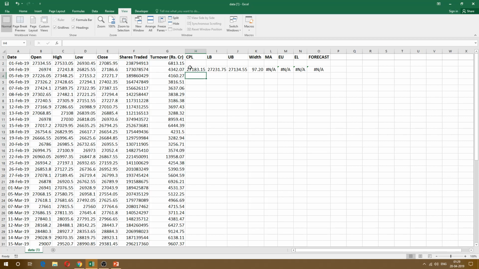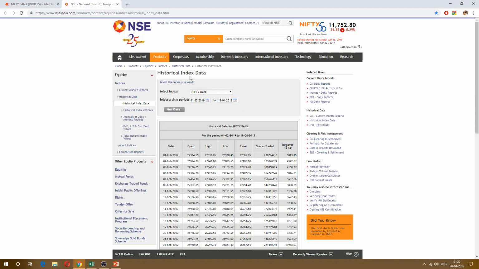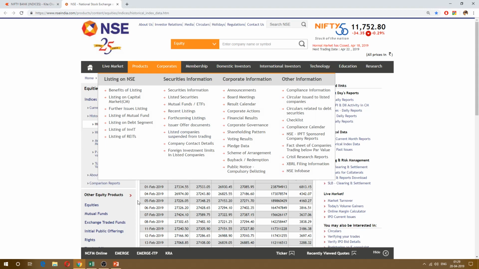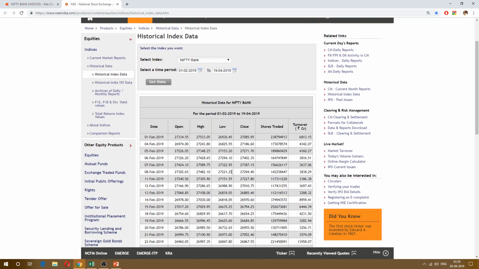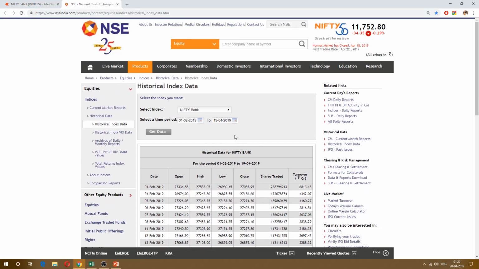Alright, first you need to download historical index data from the NSE website. You will find it under products, equity, indices, historical data. I have already downloaded the Bank Nifty file in CSV format. You can download any time period you want.